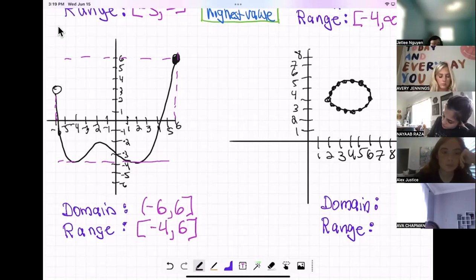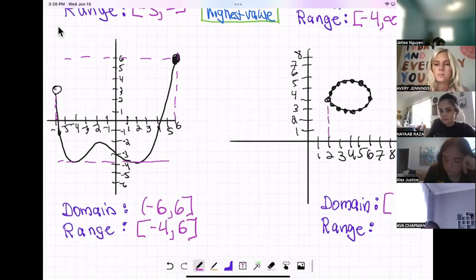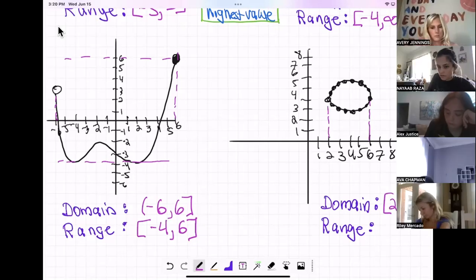So left to right. I probably just made it worse because I did all those little points, but left to right, what is my smallest x? Well, that would be 2. Bracket because I have no open circles. What's my highest x? That would be 6. Bracket. Y, low to high.